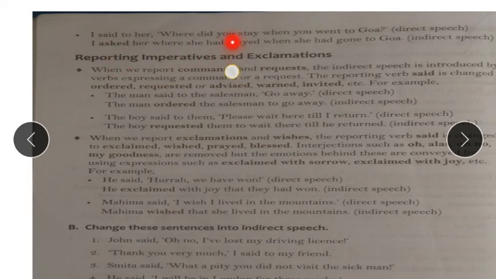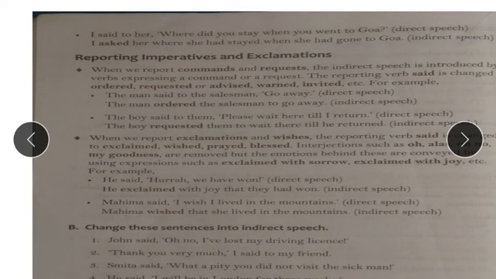Here "you" refers to her, this is feminine gender, female. So where she had, because "did" is past tense.